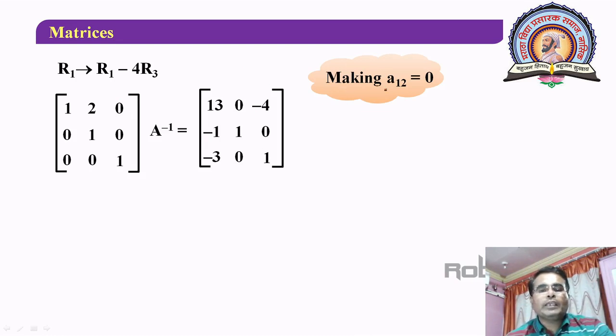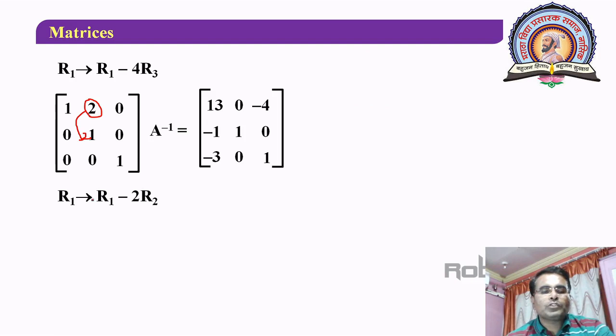Next, making A12 to 0, that is, this element A12 we want to reduce to 0. Then multiply this by 2 and subtract from this, that is R1 minus 2R2. So R1 minus 2R2 is our next transformation, and therefore you will get 1 0 0. 1 minus 0 it is 1, 2 minus 2 it is 0, 0 minus 0 it is 0.